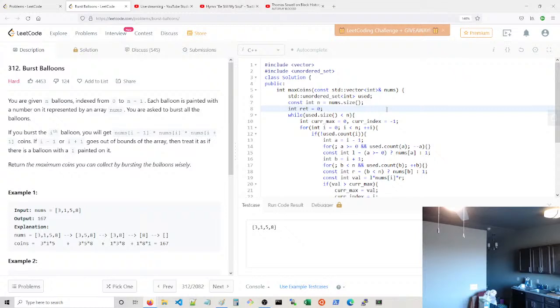So you'd go from one balloon to two balloons, three balloons, etc., all the way, recreating all of the balloons back to the beginning.